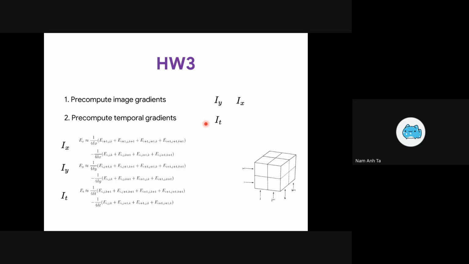And the formula is already provided right here, which is essentially a 3D convolution calculating across X, Y, and T. For the input image, we will use the Lena image to simulate an artificial translation by shifting the entire image 1 pixel to the bottom right corner to create the second frame. This way, the ground truth is the flow of 1 and 1, making it easier for us to observe the prediction accuracy.